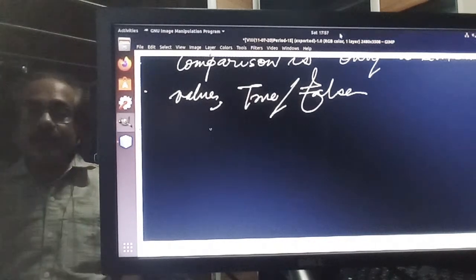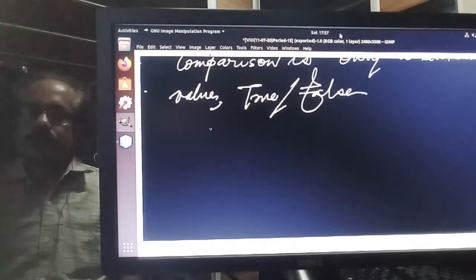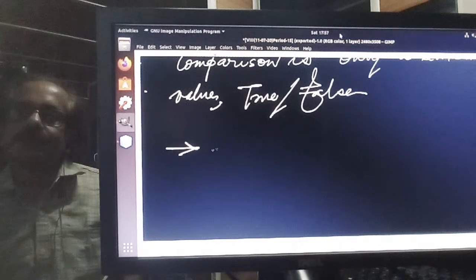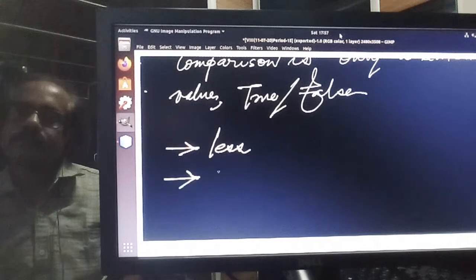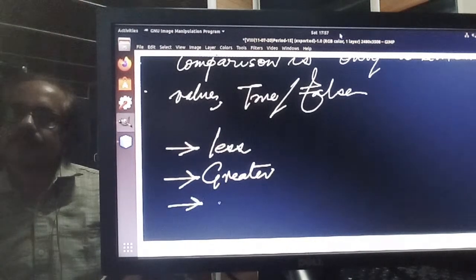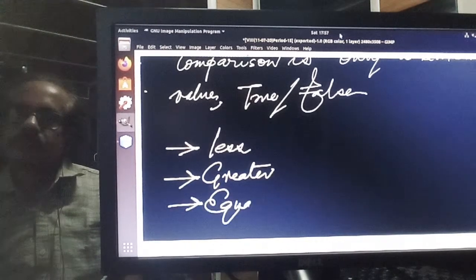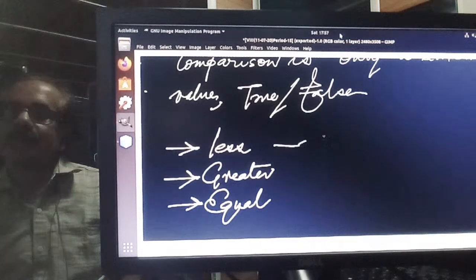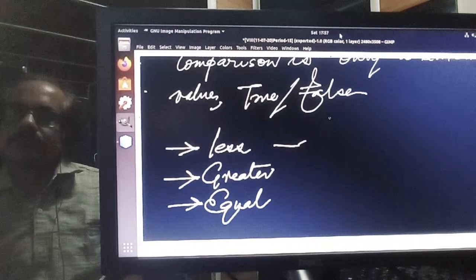Now, if you are declaring, see, it is less, greater, equal.